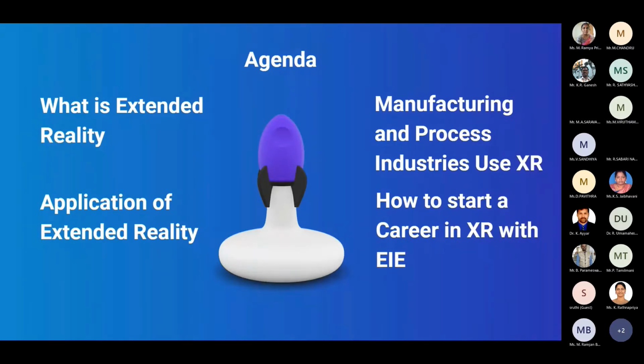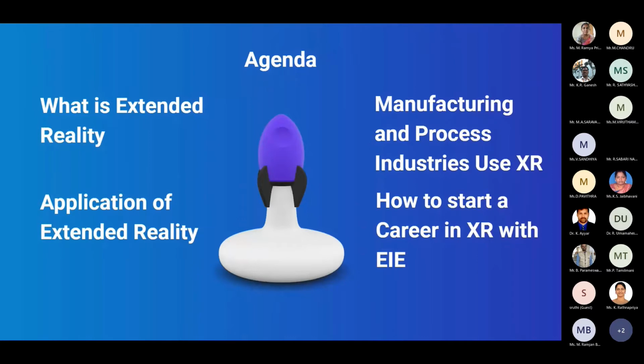I will showcase a lot of projects our company has done for the industries. These are real life projects which are still happening in the industries. And at the end, we will see how to start a career in XR and how our E&I is helping us to grow in this field.